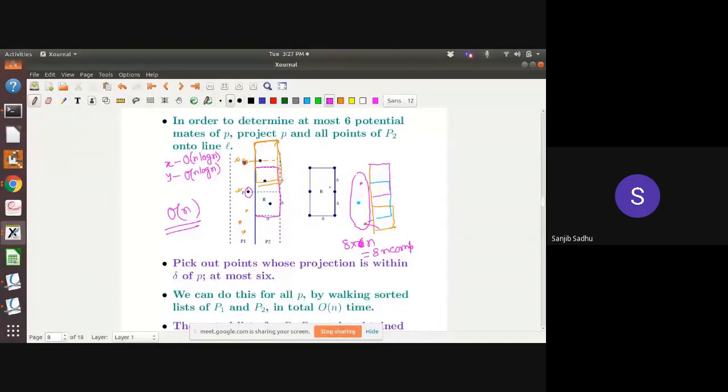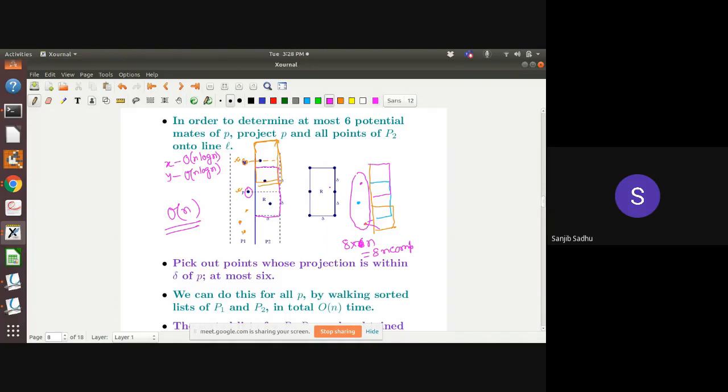After computing that strip, I will consider the points in the left part in increasing value of y coordinates, which I can find in linear time, and I will move one by one, so that the y coordinate increases. Similarly, the rectangular window at the right side will also shift upwards. So the entire processing needs big O of n time.